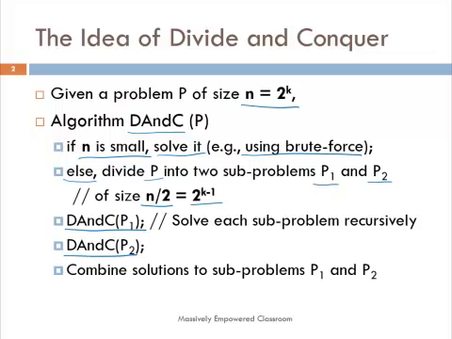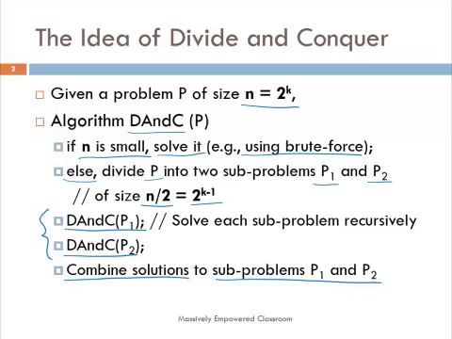If we call it on P1, we check to see if P1 is small enough. If not, we divide that into two more subproblems and call them recursively and so on. So this part is the recursive call that happens in divide and conquer. Having solved P1 and P2, we need to combine the solutions to the subproblems P1 and P2 to arrive at the overall solution for divide and conquer.